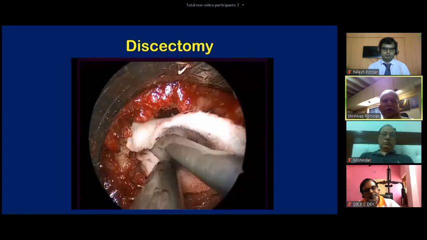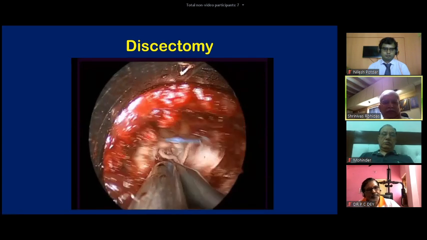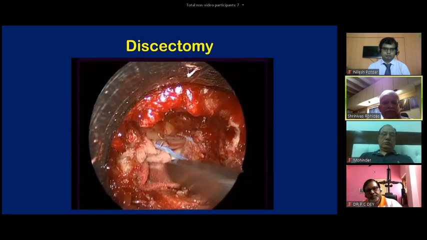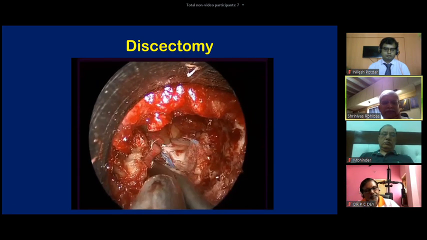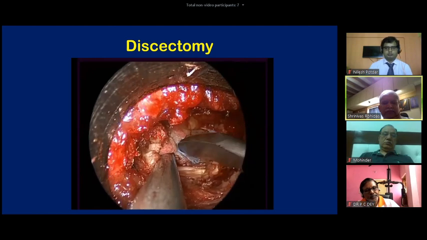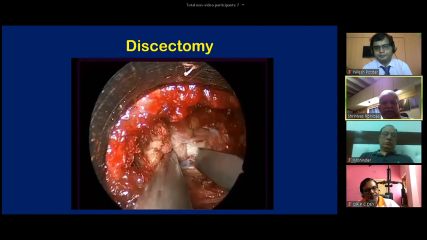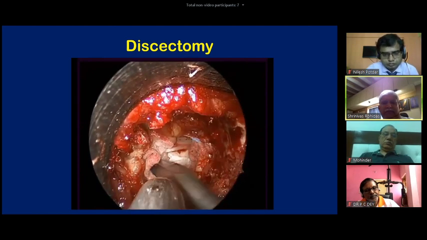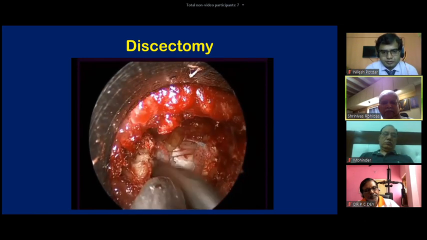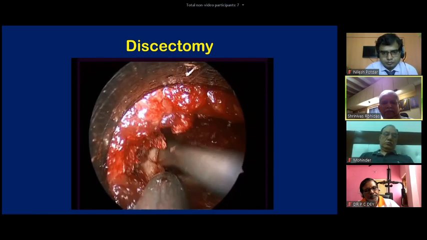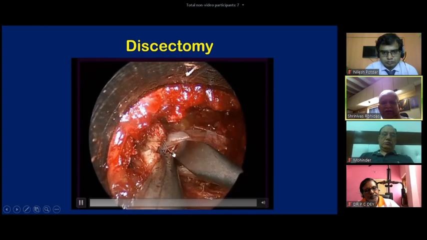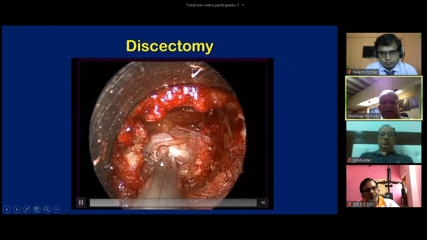This is the caudal cottonoid. Now you can appreciate this is the traversing root and this is the area of the annular tear.